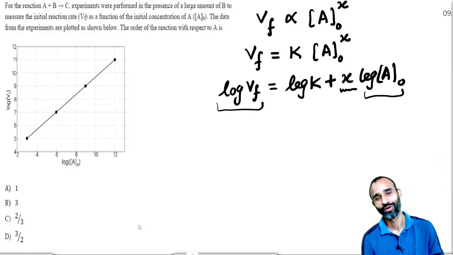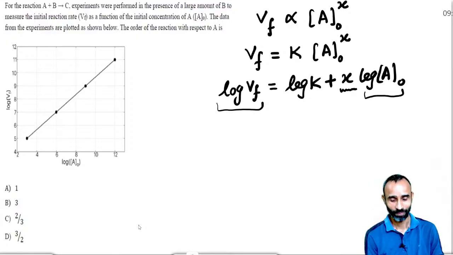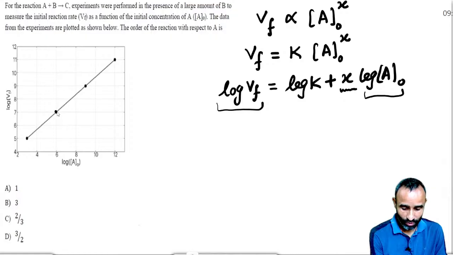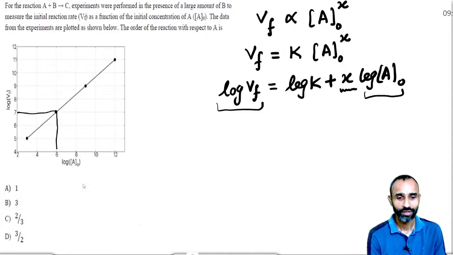So see, first of all, this value is 7 and this side it is 6. Is it 6 and 7, right?